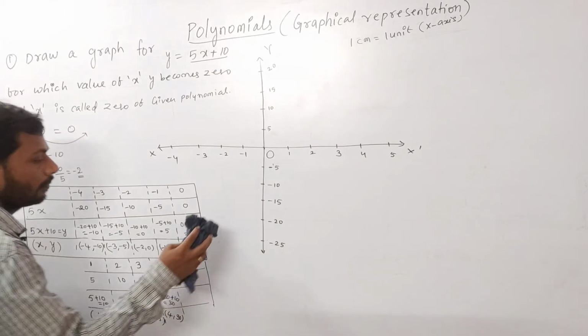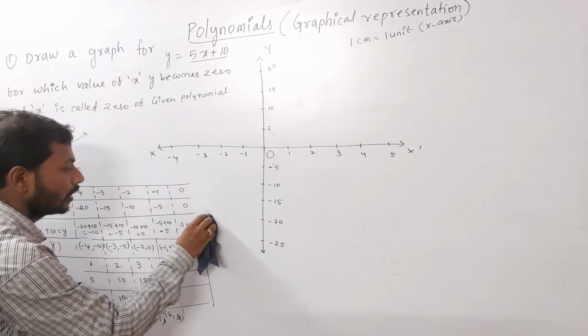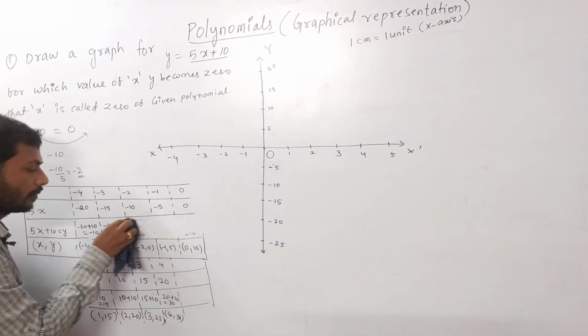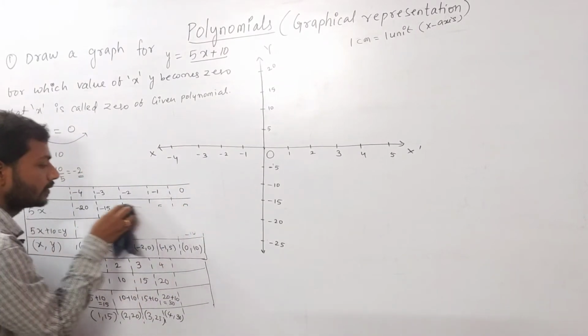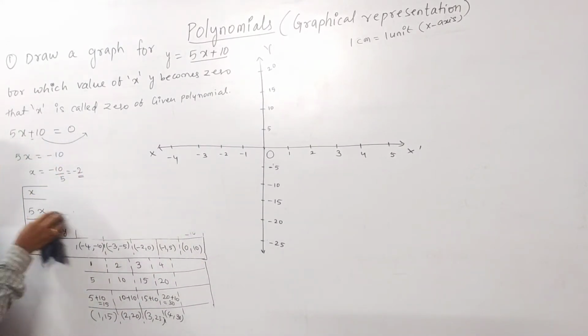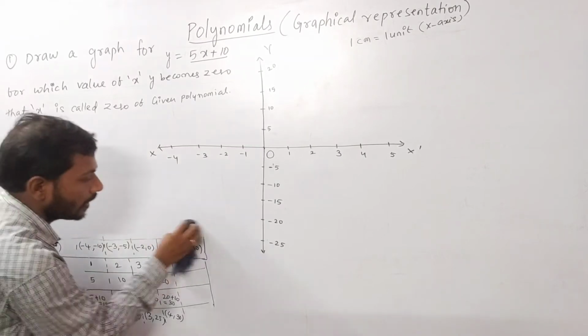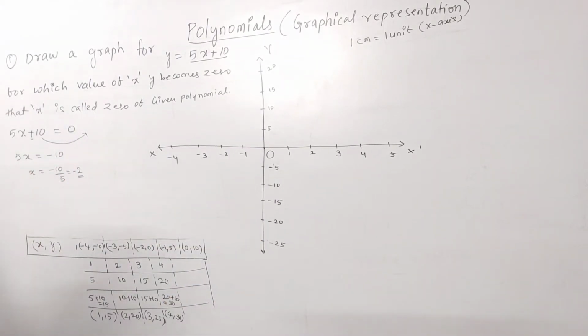That's why I am rubbing the table except for x comma y. If you didn't do it, fastly complete it, otherwise pause the video and write. Clear? Then I am keeping only the x comma y values.